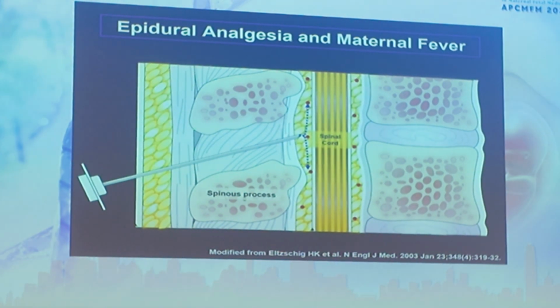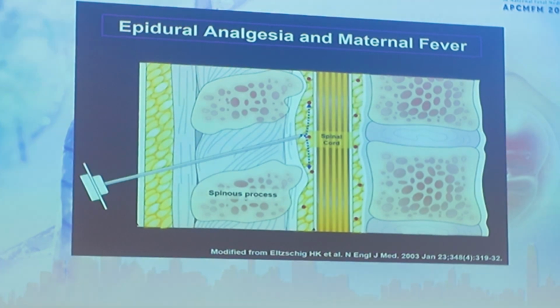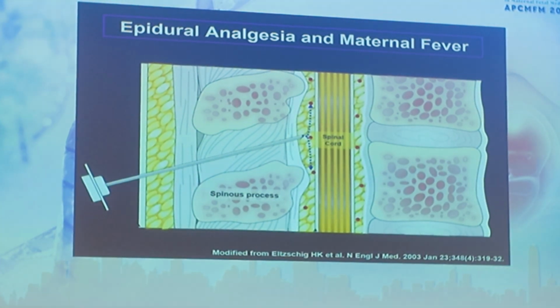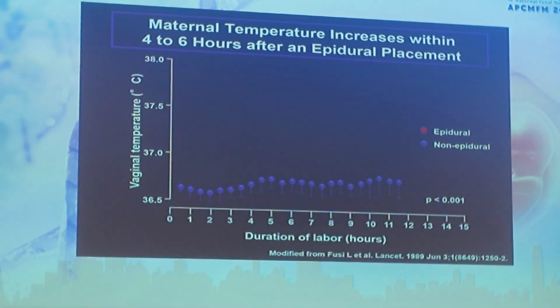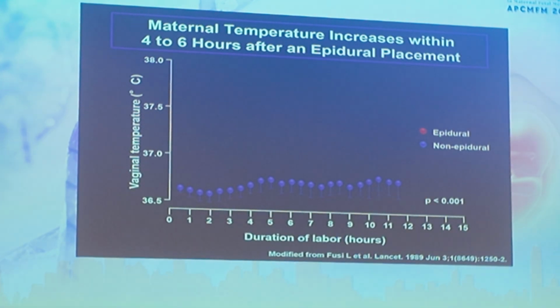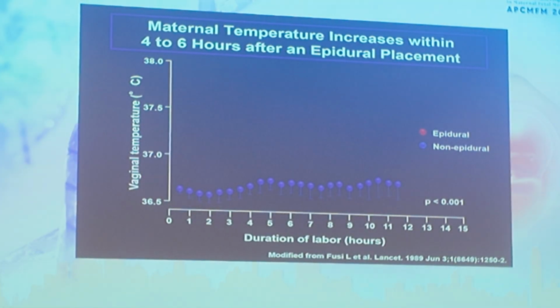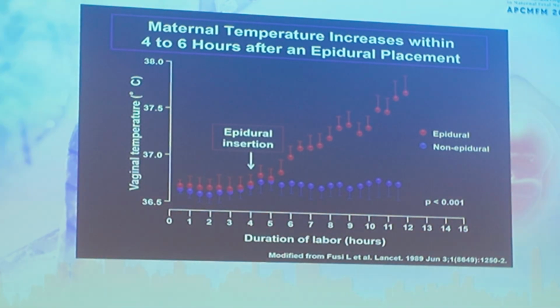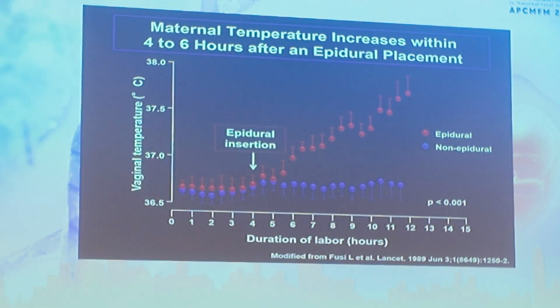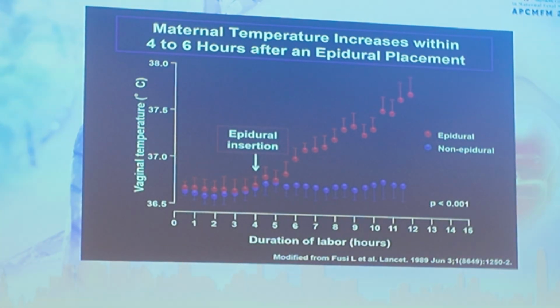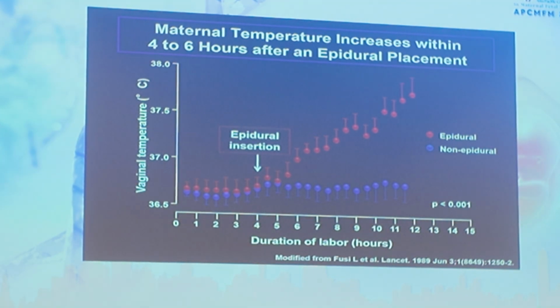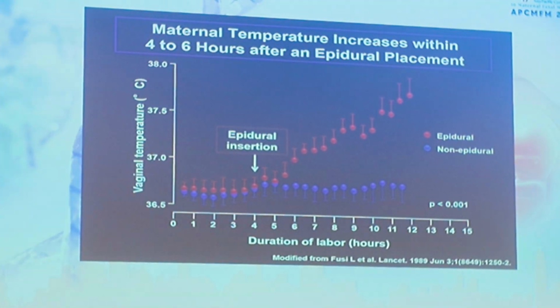This neuroinflammatory process, in the absence of intra-amniotic inflammation, can induce a fever. Here is the maternal temperature over 4 to 6 hours. This is non-epidural patients who have a stable temperature. And here, after an epidural insertion, you see the development of an increased maternal temperature and also the development of fever.